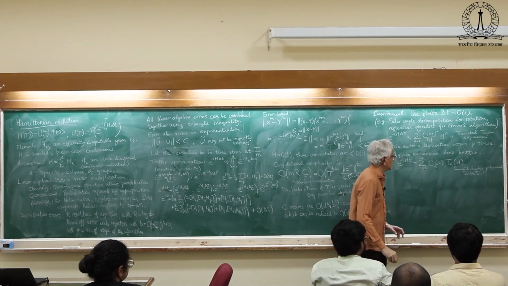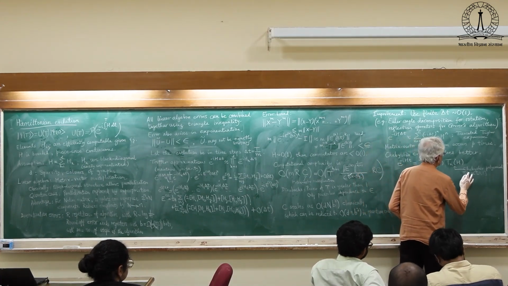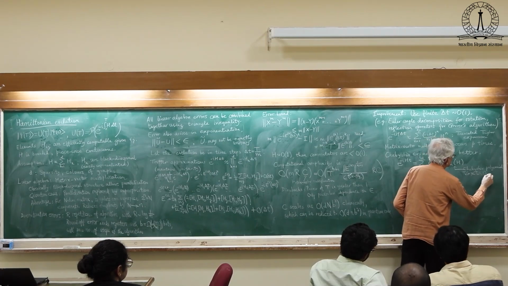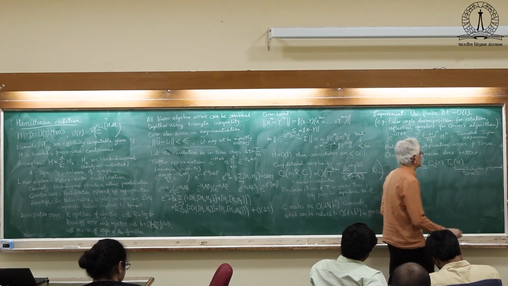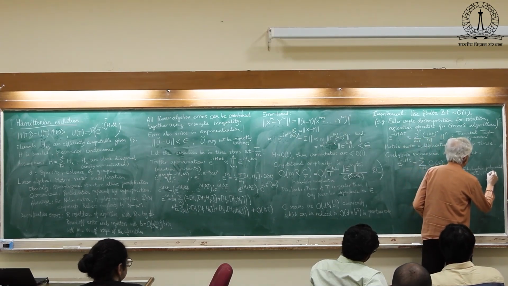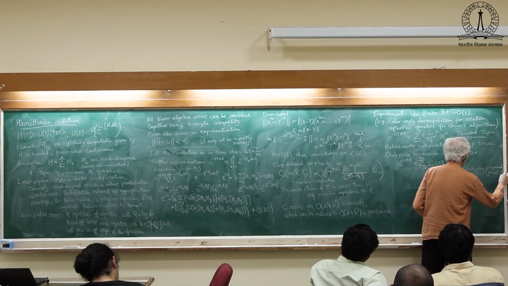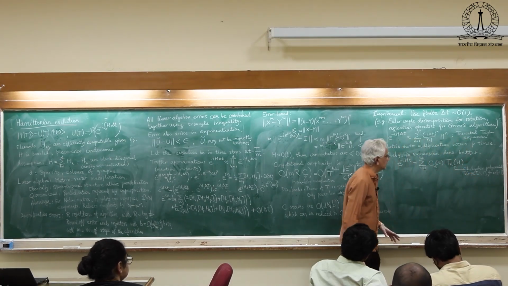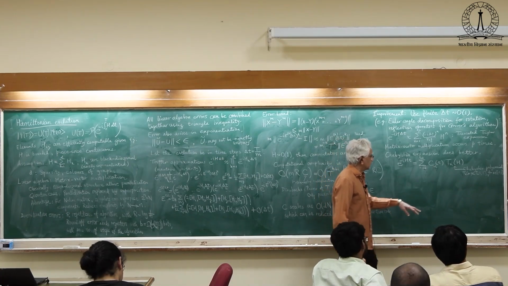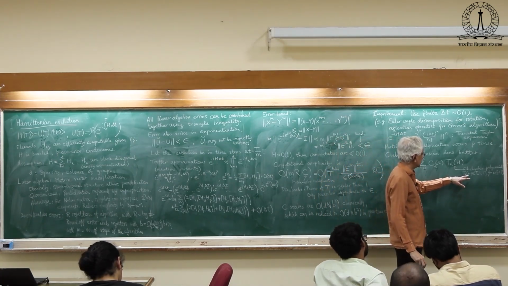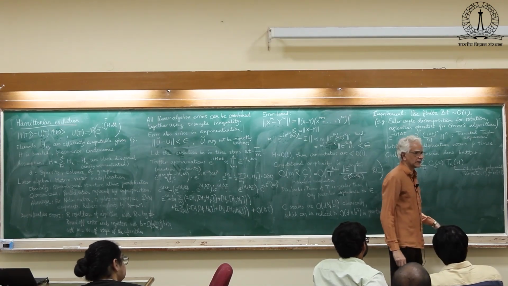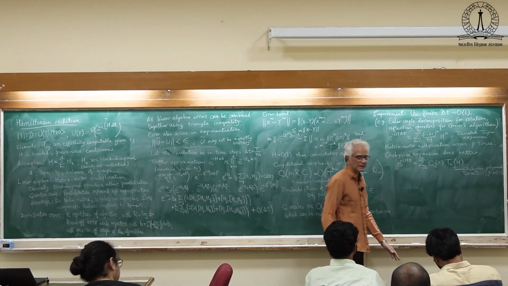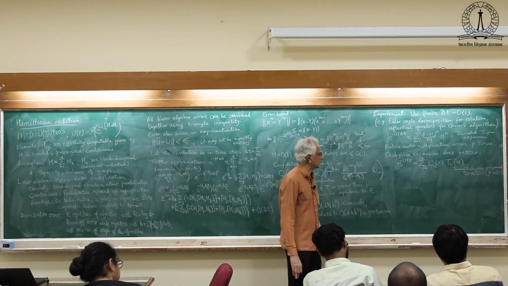bounded, between -1 and 1 for x in the same interval. Explicitly, it is defined Tn of x is cosine of n times cos inverse x. Its recursion relations are very easily listed.